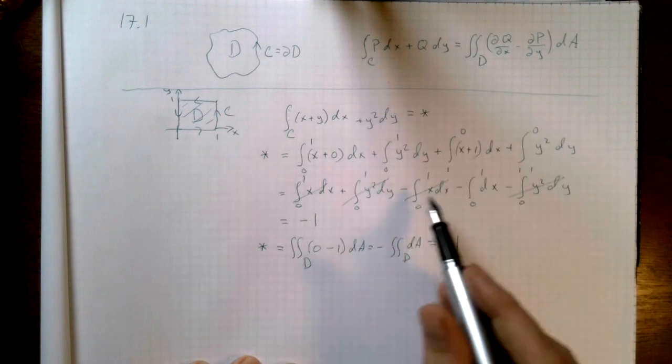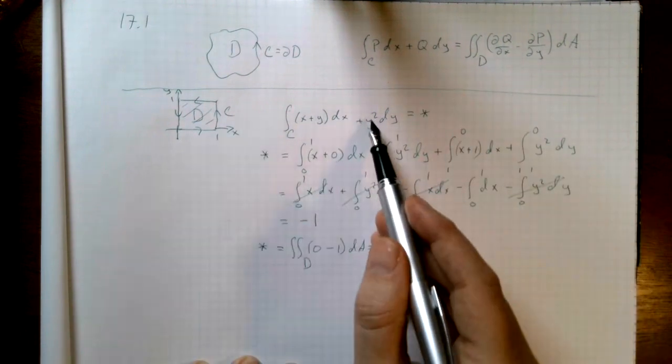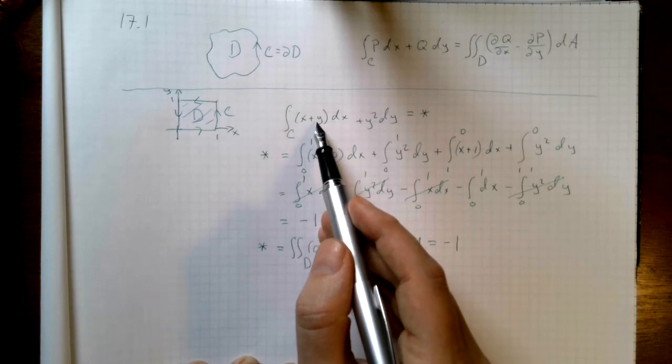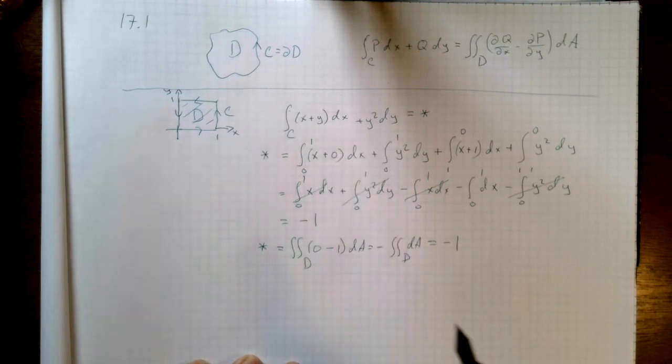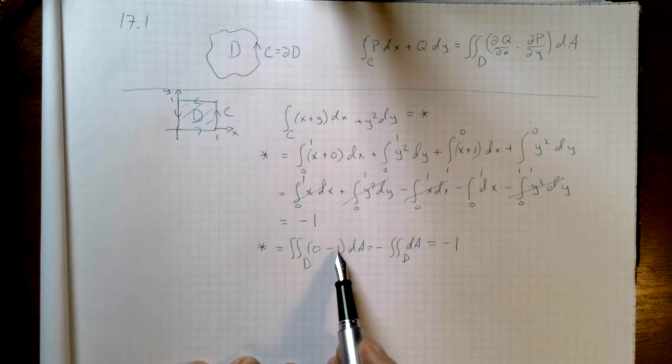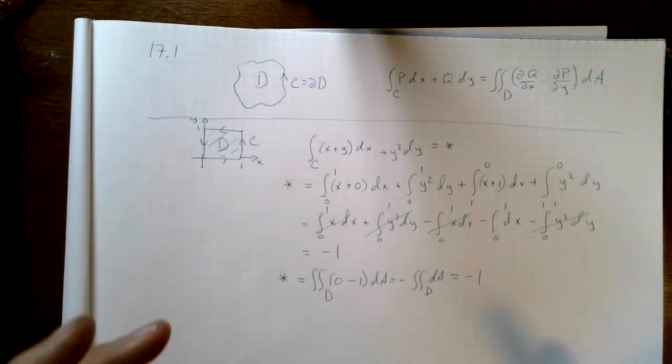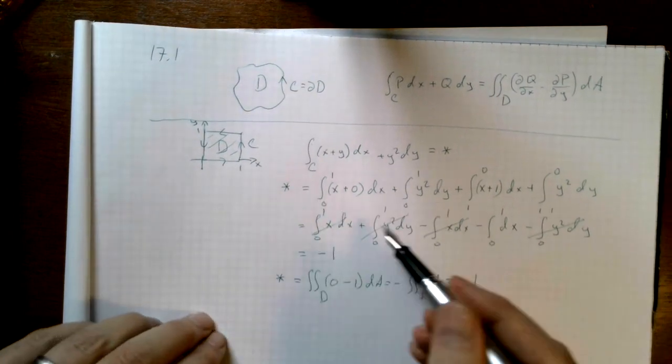So that's actually what happened here, right? I had this thing disappear and this x disappear, and y became 1, and it was minus, so I got a minus 1. So it became sufficiently simpler, although this wasn't bad, right?